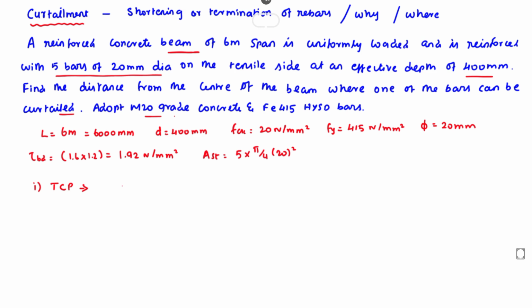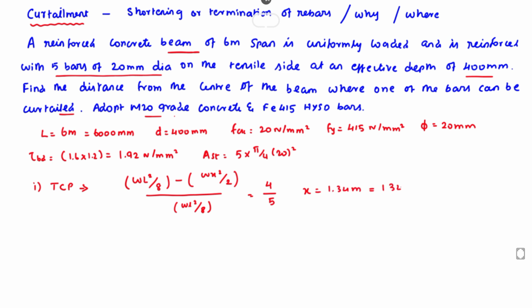So we take (W L square by 8 minus W x square divided by 2) divided by (W L square by 8) equal to 4 divided by 5. Now we get x equal to 1.34 meter, that is equal to 1340 mm.